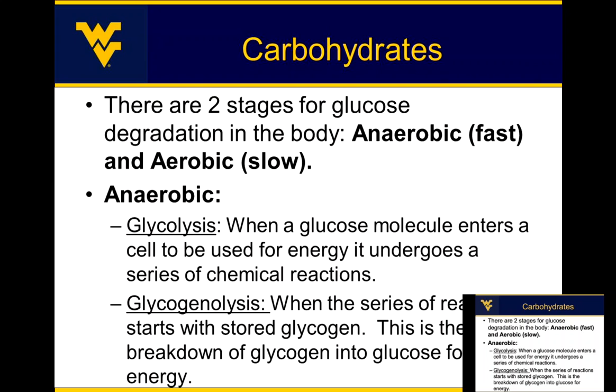Glucose is one of the most tightly controlled physiological processes that you have in your body. You must always have a normal blood glucose level, because when it falls, a condition known as hypoglycemia, the brain is not very happy, because the brain relies almost exclusively on glucose for energy.